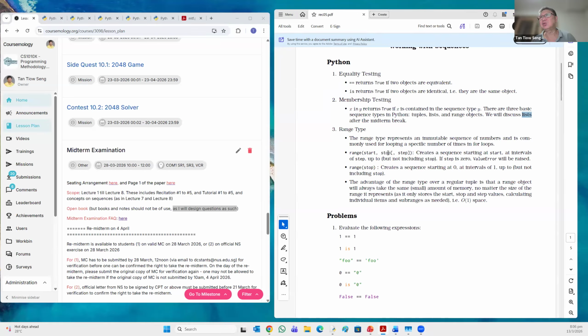In this case, there are 2 numbers or 1 number. If it is 1 number, then it starts from 0 with an interval of 1. The range type is actually constant space, a small amount of memory. Instead of a tuple or a list, which is linear space, where you have n number of items in there.